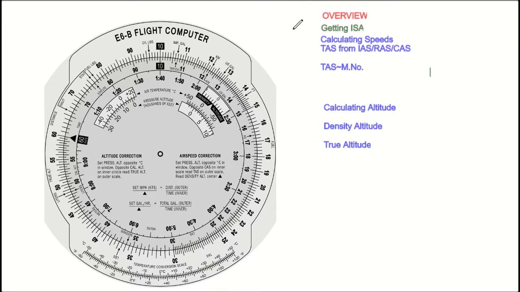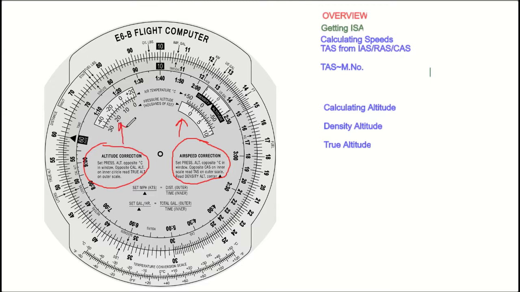Now the next question is, how do we calculate speeds? To calculate speeds, you find three windows here, in fact: one on the left, one on the right, and one on top. For speed corrections, it is written here, airspeed corrections are carried out on this window, whereas the altitude corrections are carried out on this window.